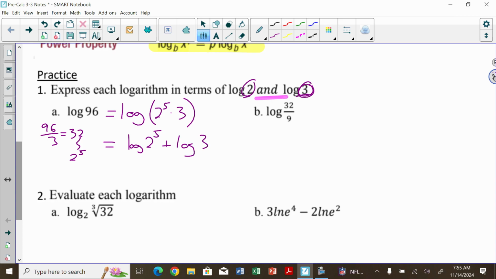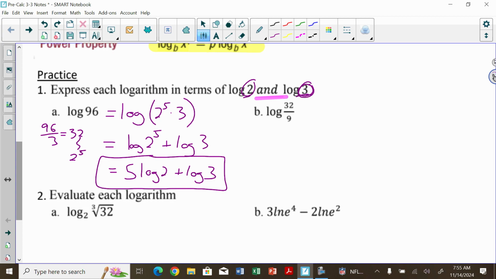Okay, I'm good so far, but I can go one step further. In the first term I have a power property because I have 2 to the 5th power, so I can bring that 5 down here: 5 log 2 plus log 3. And that would be my final answer there.